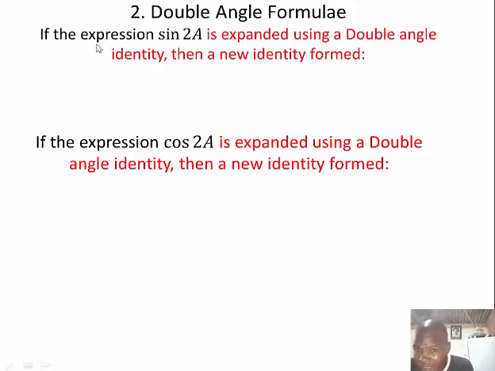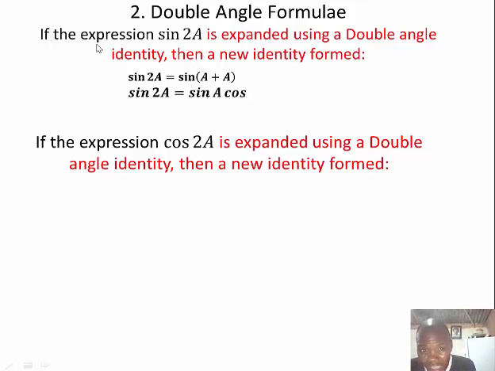If the expression sine 2a is expanded using a double angle identity, then a new identity is formed. Now, what is that identity? Sine 2a, remember, equals sine (a plus a).